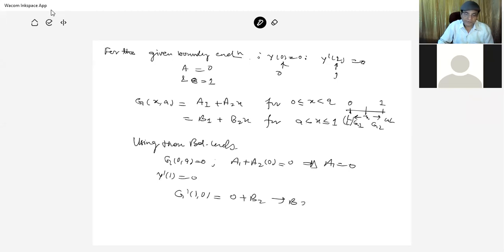So this b2 is equal to 0. Therefore, G(x, a) is equal to a1 plus a2x and b1 plus b2x.